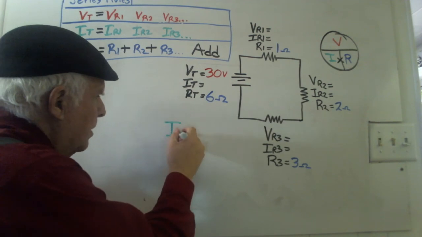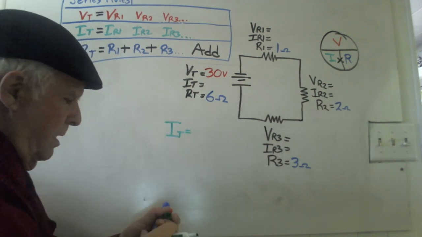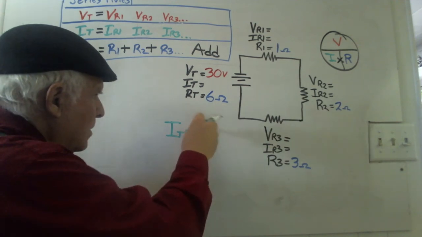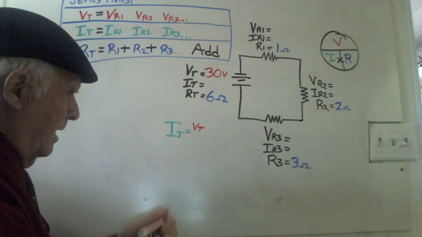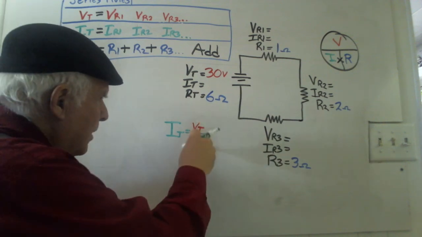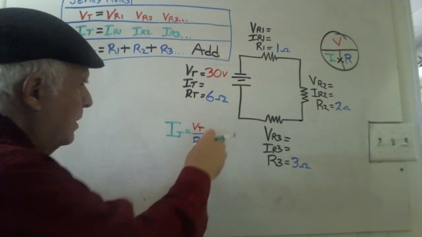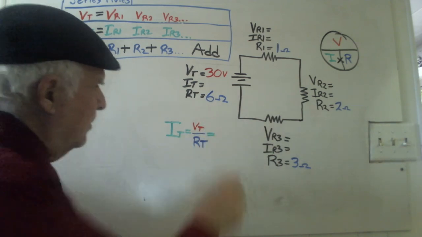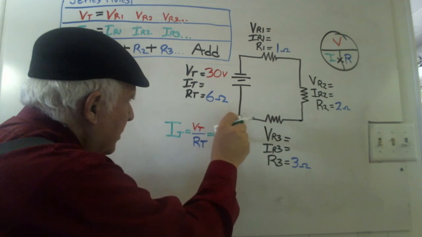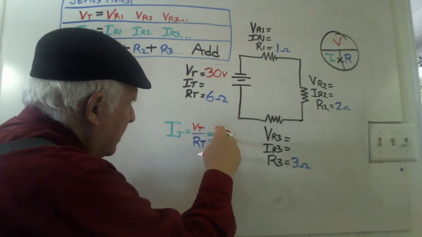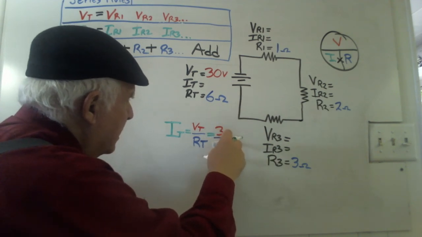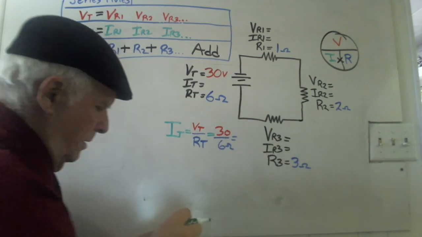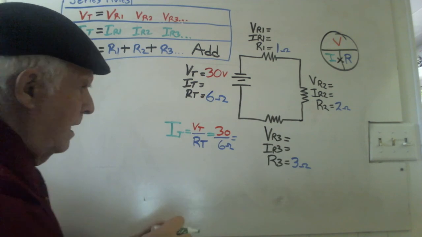Current total is equal to voltage total divided by resistance total, which would be equal to 30 volts divided by 6 ohms, which would equal 5 amps.